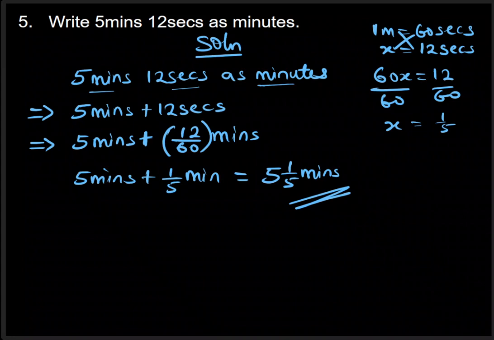You can convert from minutes to minutes and seconds, or from minutes and seconds to minutes or to seconds. These are questions you sometimes see in the Air Force entrance examination, or even the National Common Entrance examination. So you must take note of questions like this.